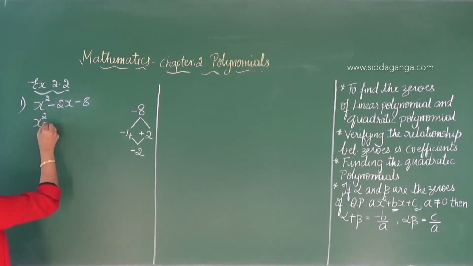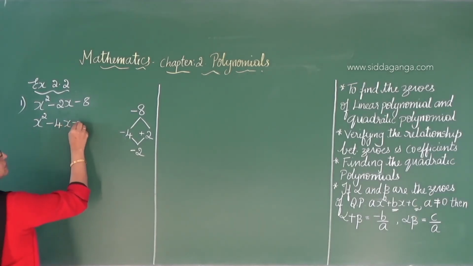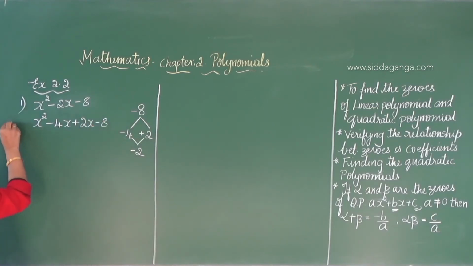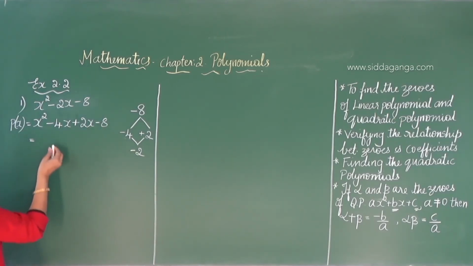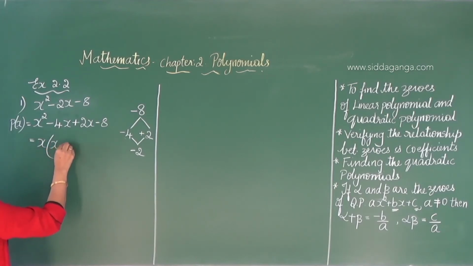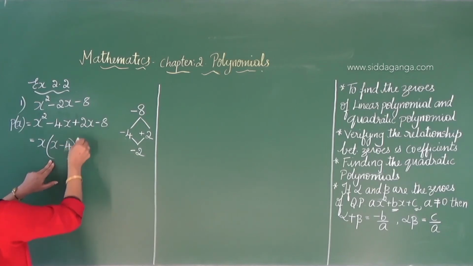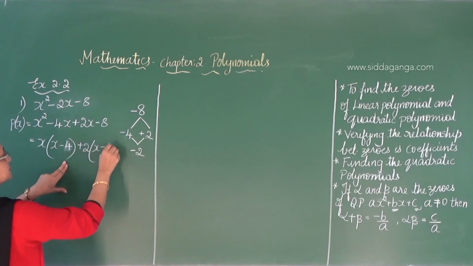Here x square minus 4x plus 2x minus 8. So p of x is equal to: here x is common, so x into x minus 4, and here plus 2 is common, x minus 4.